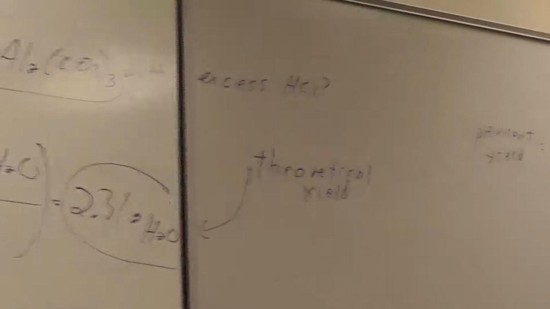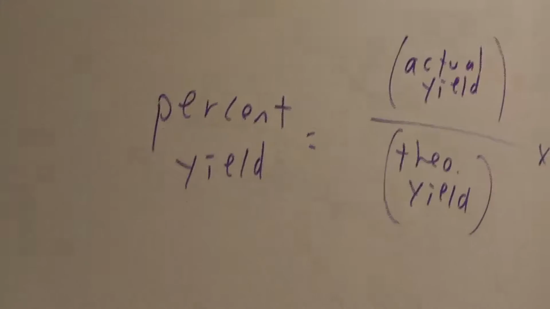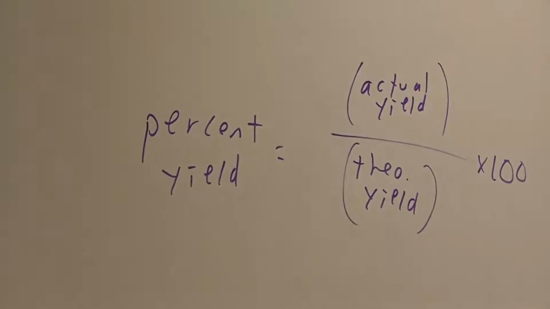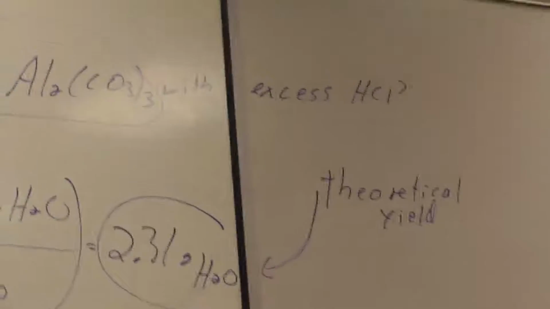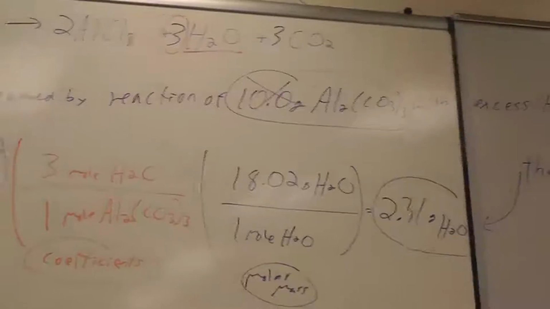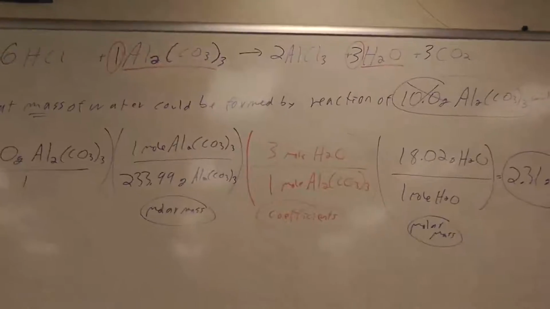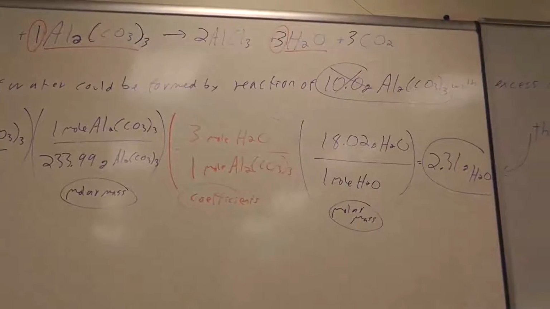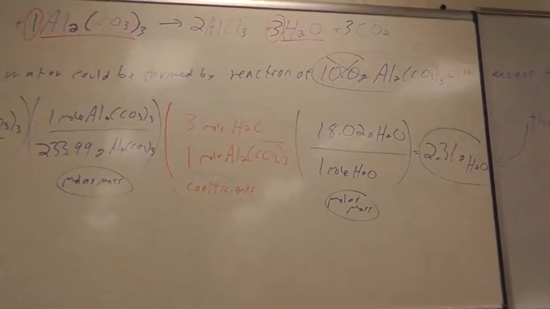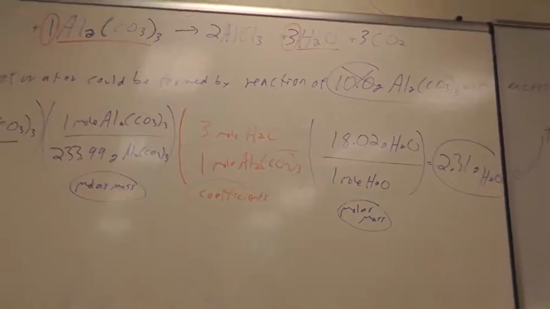Now, here on the board, and you with pencil and paper, starting with this 10 grams, you all calculate 2.31 as your predicted. You all would have the same theoretical yield. But if you went in the lab and did this, no two people are probably going to get the same actual yield because you do things different. Things happen a little bit different. Actual yield is an experimental number.